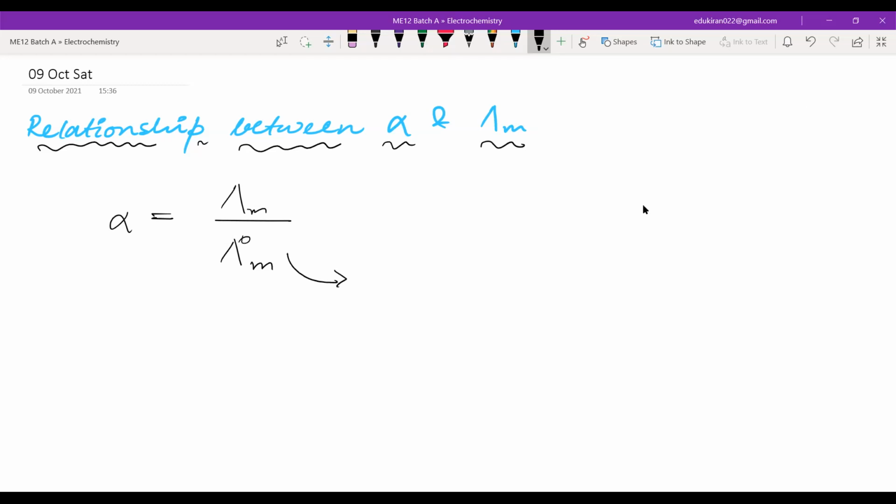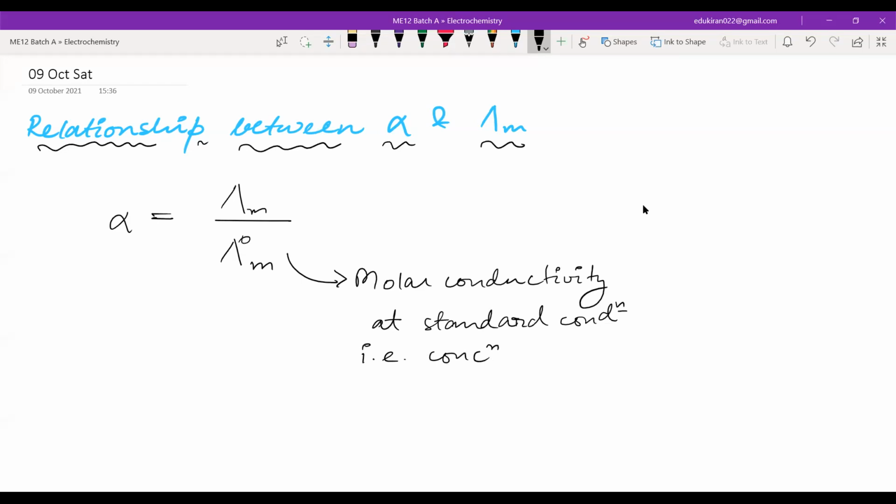This is the molar conductivity. This is the molar conductivity at standard condition, that is, the concentration is equal to 1 molar.